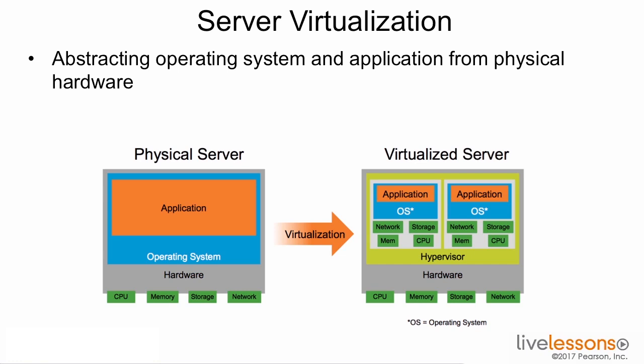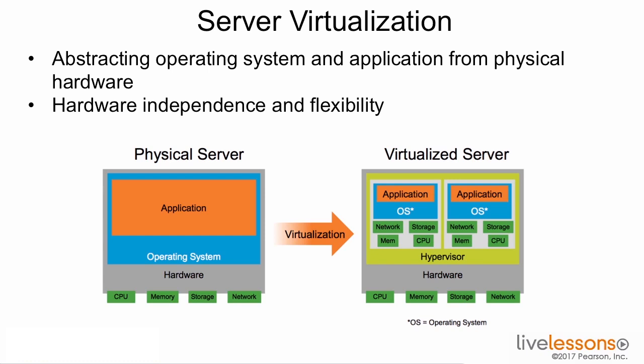For instance, it gives you hardware independence and flexibility. In the past, if we had an application fail, we had to find the exact same hardware configuration with the exact same type of storage, and we might even have to move NICs from the old server to the new server.